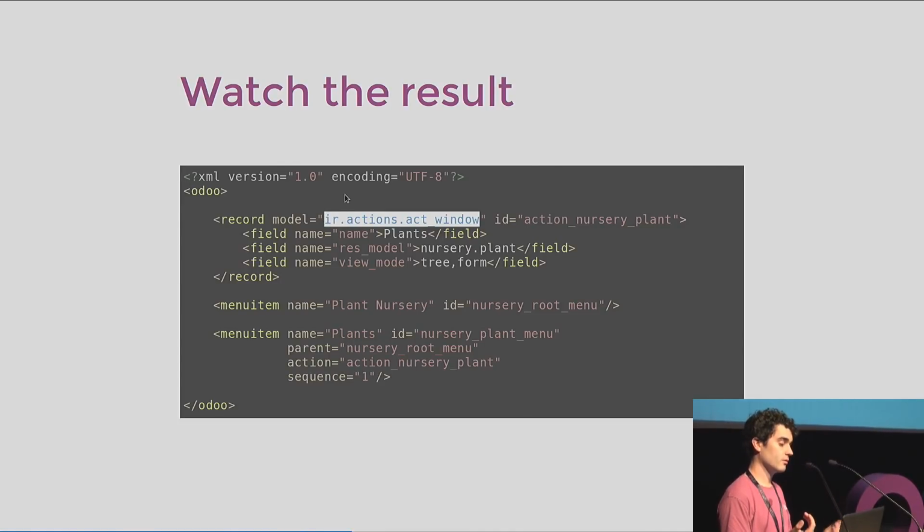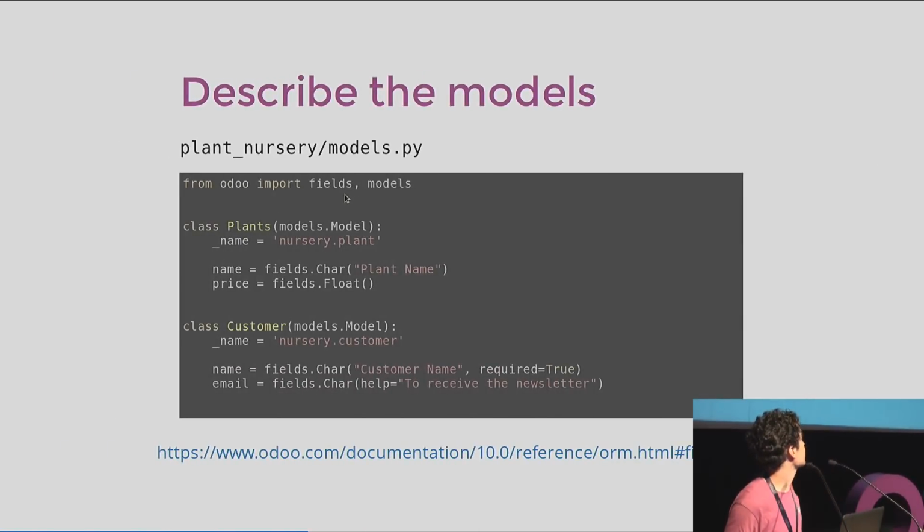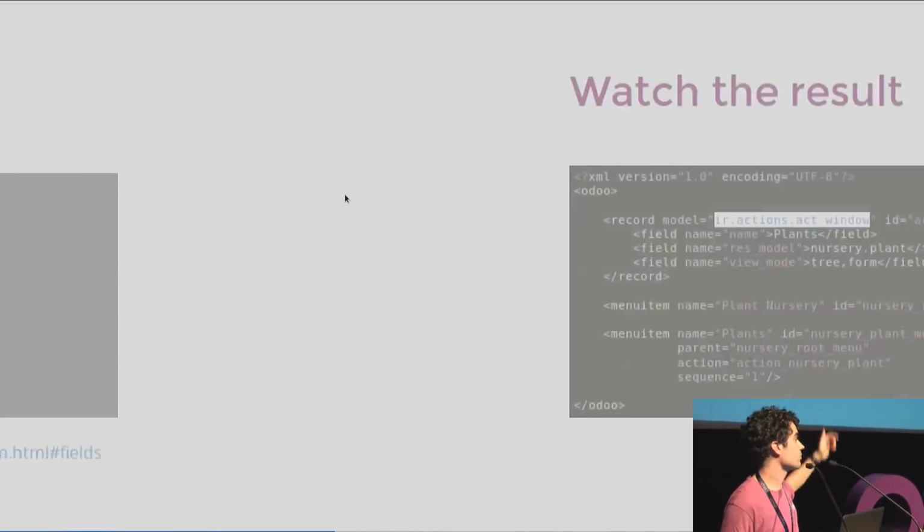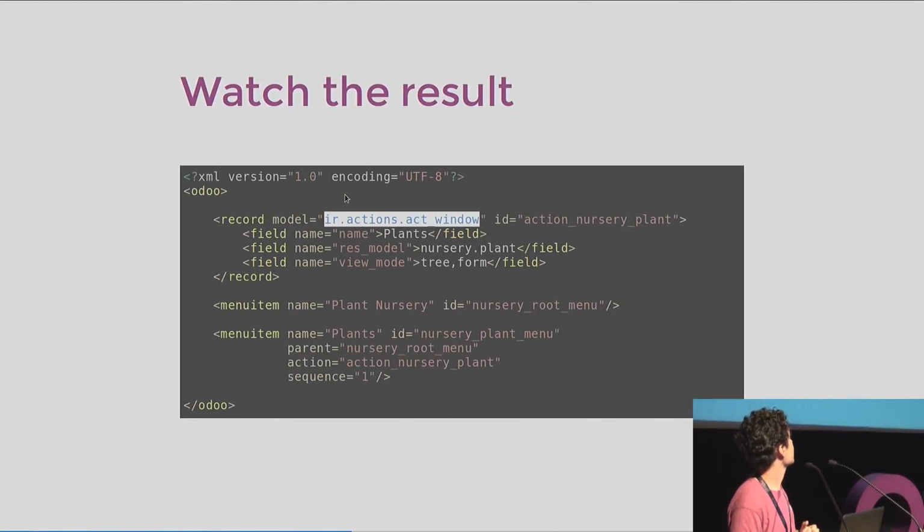In my previous slide, I created a model that was called nursery.plant and nursery.customer. Here the action is ir.actions.act_window. So if you want to create some plant data, you will create a record with model equal nursery.plant, for instance.